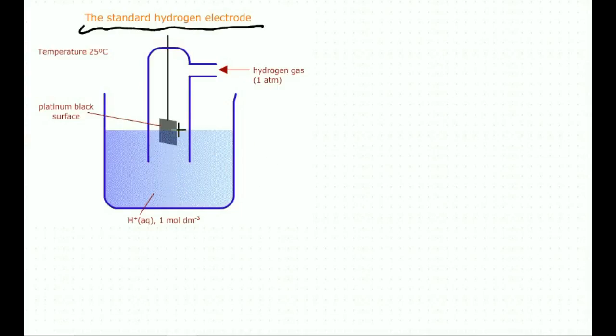The platinum electrode allows electrons to enter or leave the solution. Alternatively, you could have a metal electrode in a solution of its ions, for example copper solid in a solution of its insoluble salt.